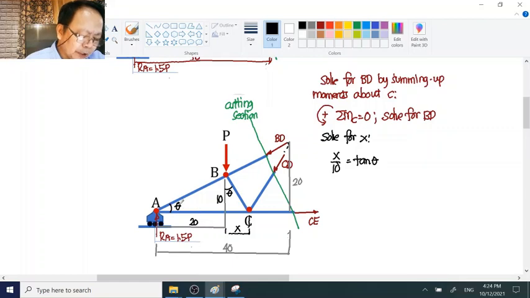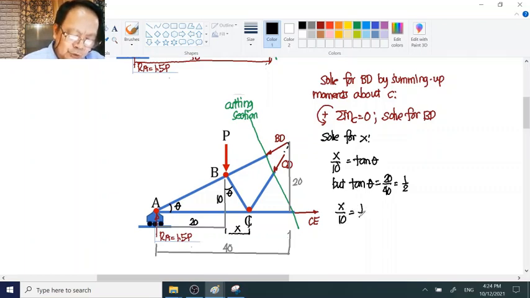Using the bigger triangle, tangent of theta is equal to 20 over 40, or 1/2. Substituting, x over 10 is equal to 1/2, and therefore x will be equal to 5. So this distance will be equal to 5.